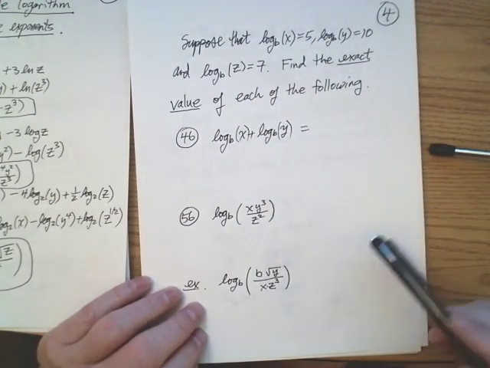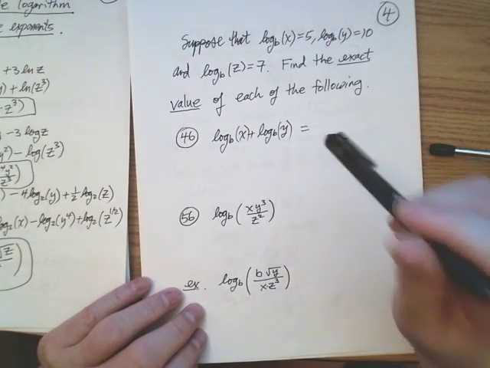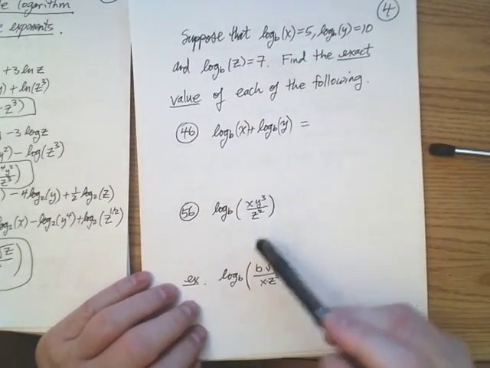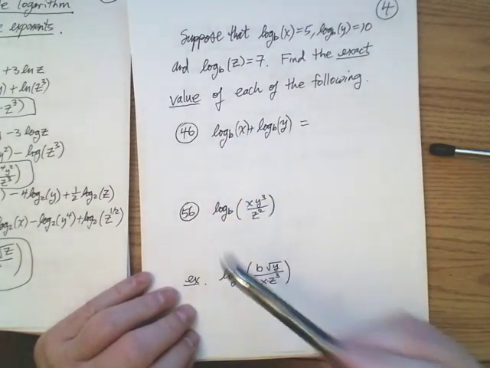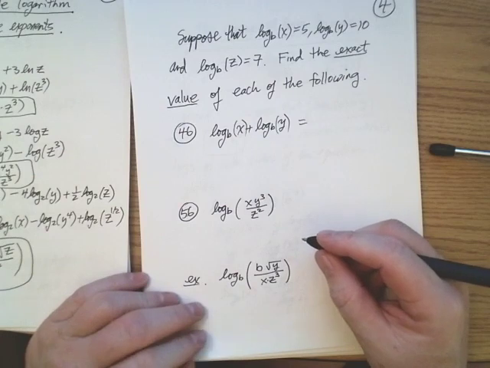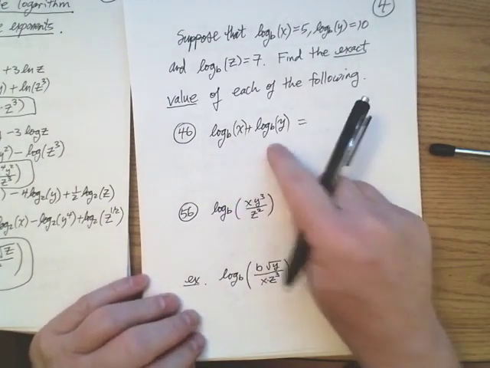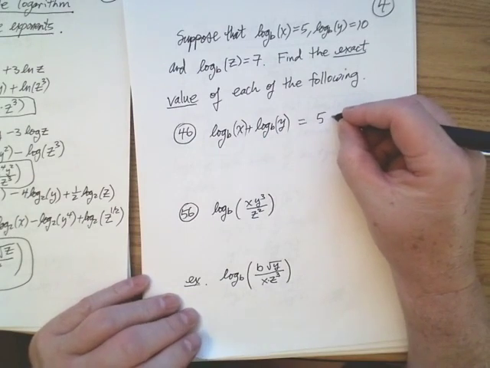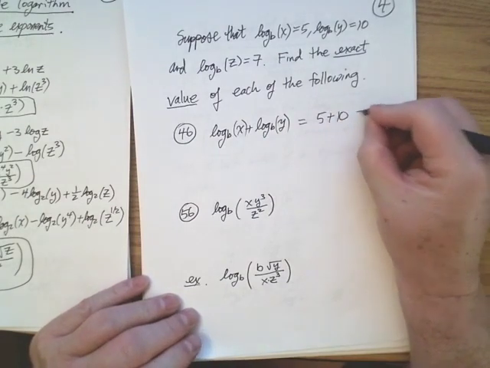But the information we have here is sufficient to give us exact answers to all these questions. Well, this one's easy. It's the logarithm base b of x plus the logarithm base b of y. Just reading above, 5 plus 10 is 15.